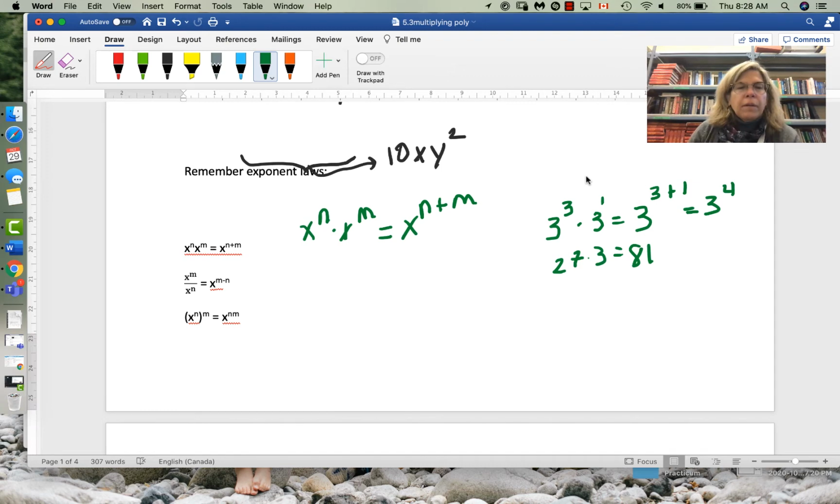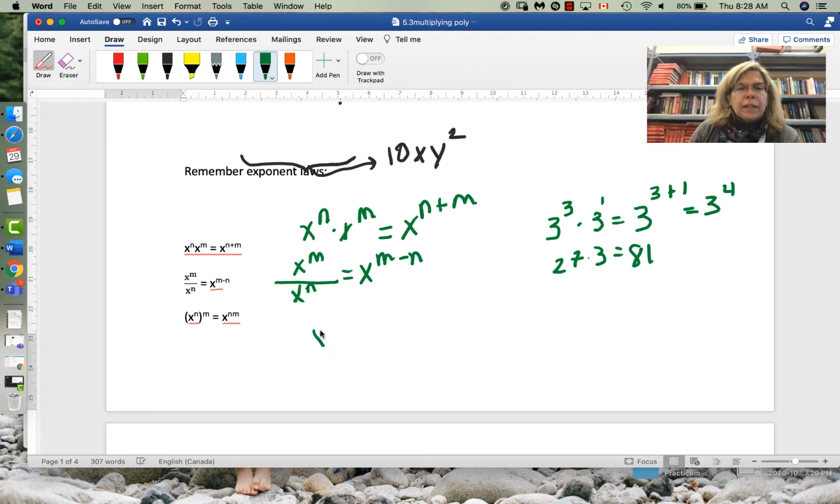And then if you have x to the m divided by x to the n, that equals x to the m minus n. Okay, so the top one minus the bottom one over the division sign.